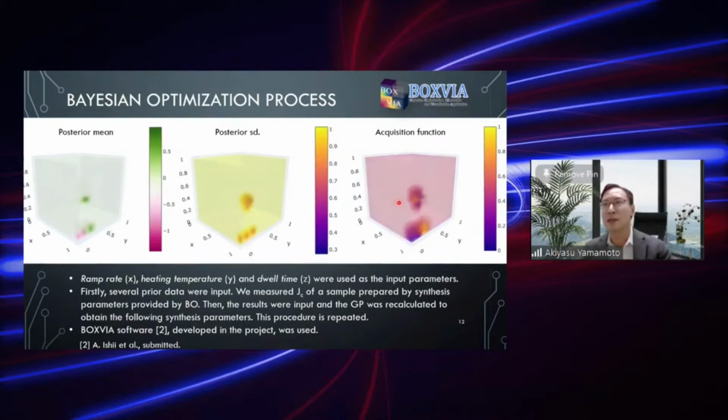And then we recalculate the GP and make the sample according to the processing parameters suggested by BO. And this was repeated again and again. And we used this BoxVia software, which was produced by our co-authors.